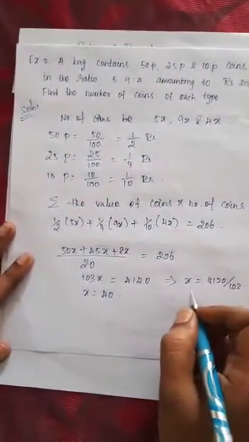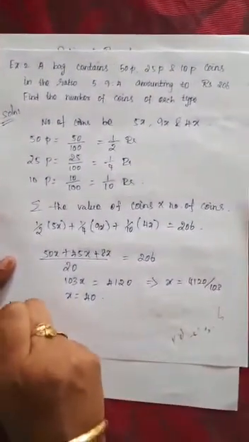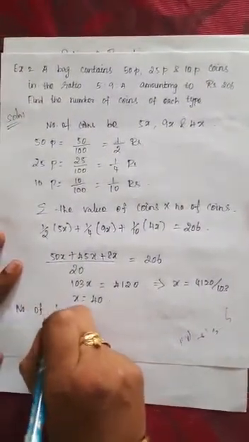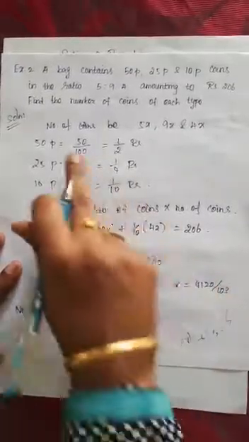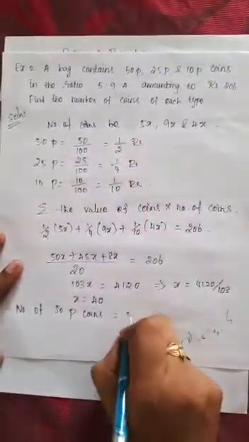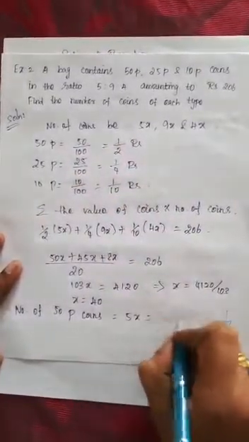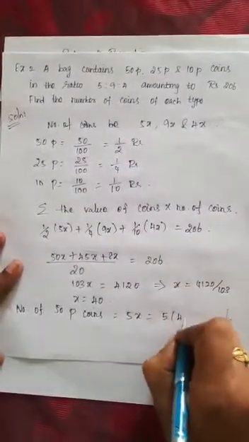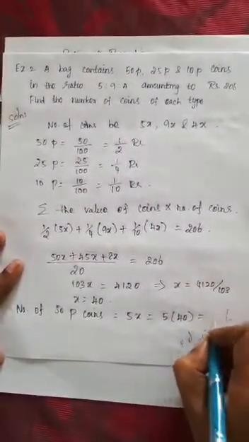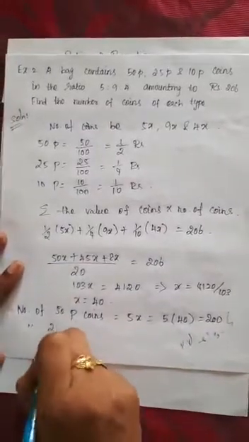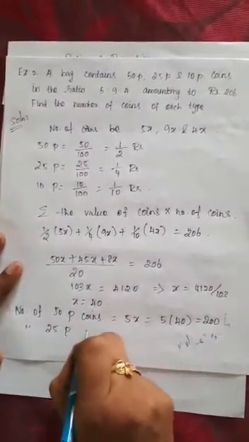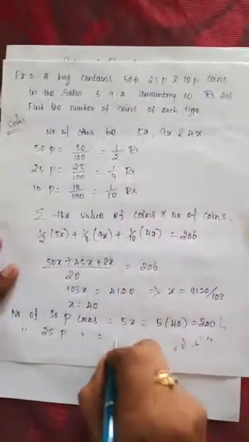We have to find the number of the given coins. So the number of 50 paise coins is equal to 5x. So 5x is equal to 5 into 40, which is 200. And the number of 25 paise coins is equal to 9x.